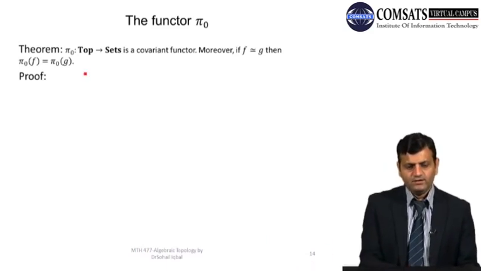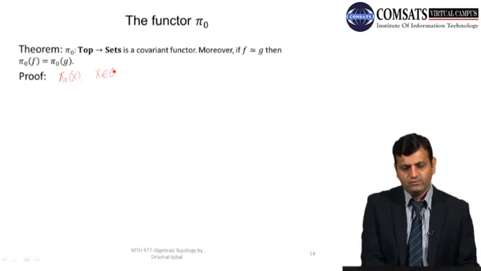We have already seen how to define pi naught of X if X is any object in the category of topological spaces. It gives me the path connected components. And pi naught of f takes path connected components of X and gives me path connected components of Y.